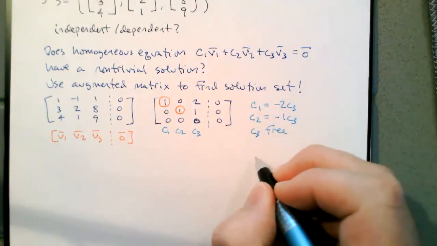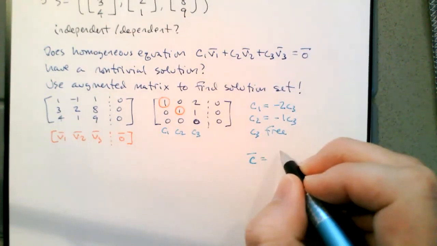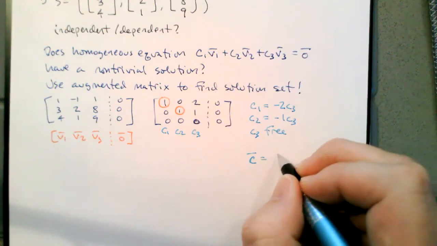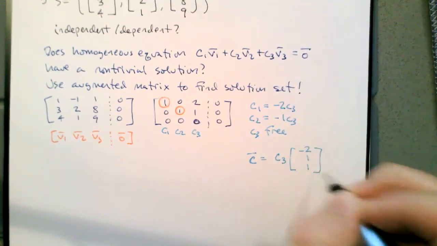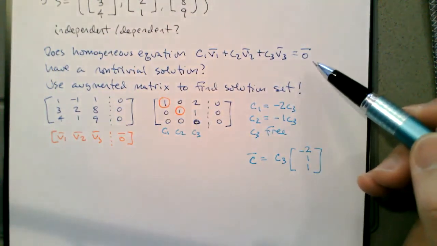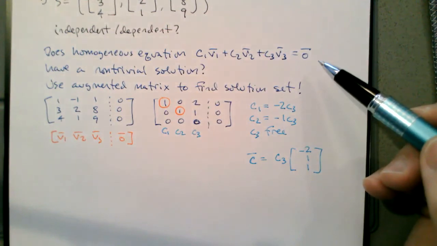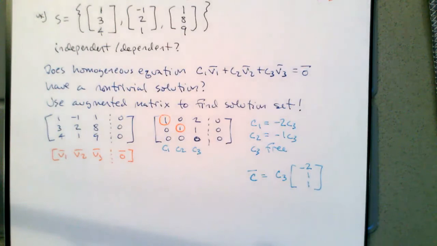Sorry. In parametric vector form, C is going to be 0 plus C3 times -2, 1, 1. So -2, 1, 1 is a non-zero solution to this homogeneous equation. Therefore, this set of vectors is linearly dependent.